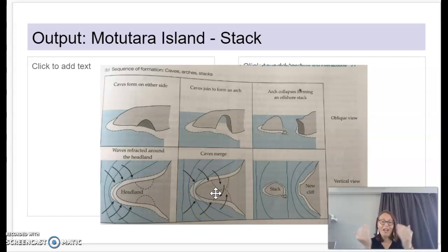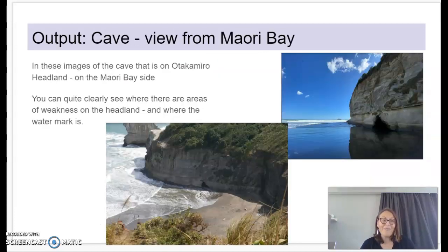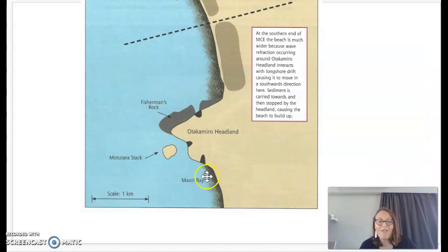So as those caves keep forming through wave pounding, attrition, abrasion, what actually happens is an arch is formed, because if you have a look again at our map, we have our caves on either side of the headland.